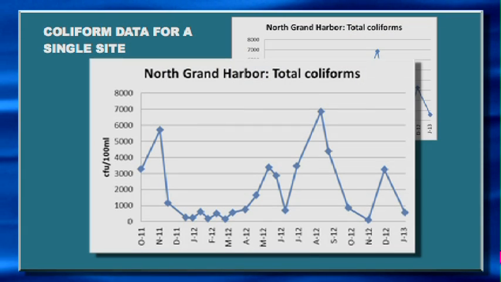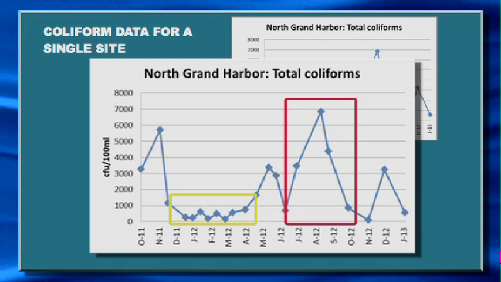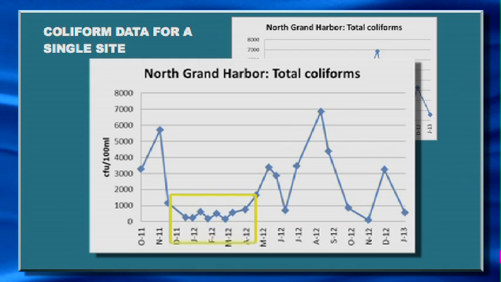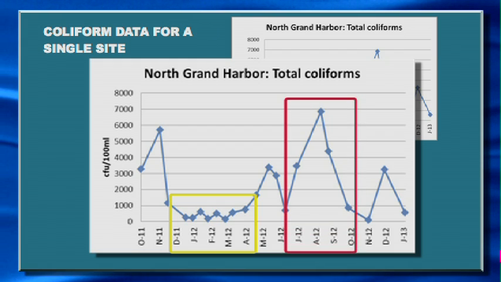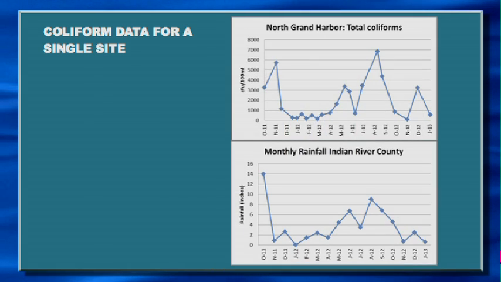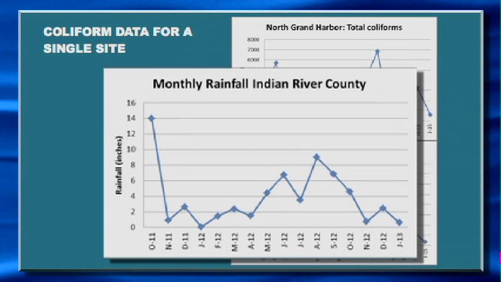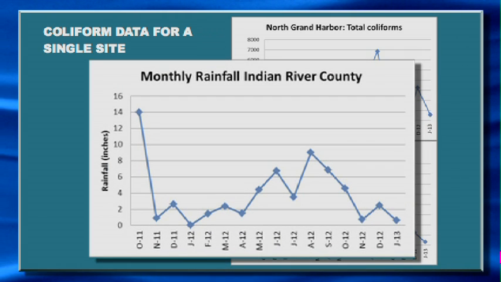And you can see immediately, you look at this and you go, wow, there's a low period here, and there's a high period here. And this corresponds to tourist season and hurricane season, the 2 seasons we have in Florida. Thankfully, we can also get rainfall data. This is from the St. John's Water Management District.